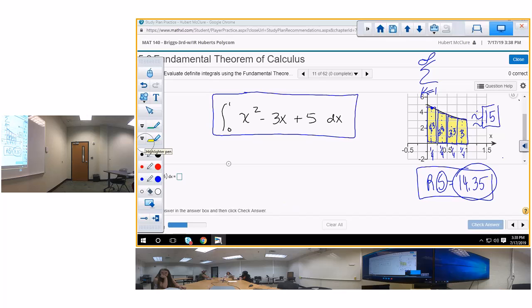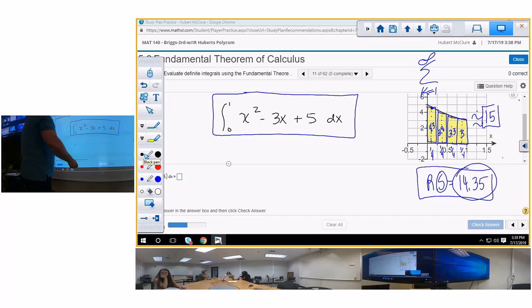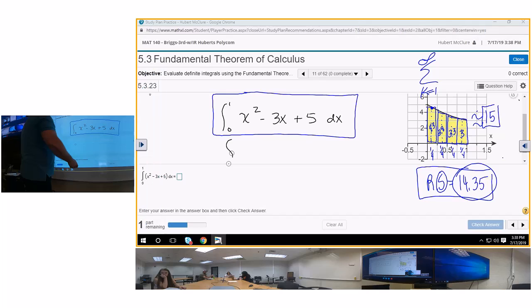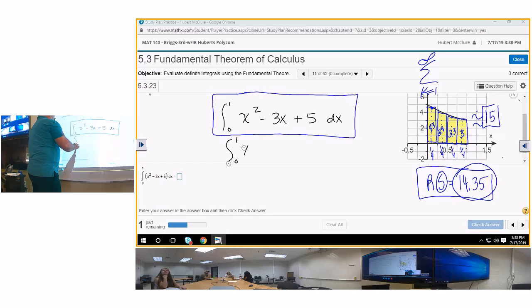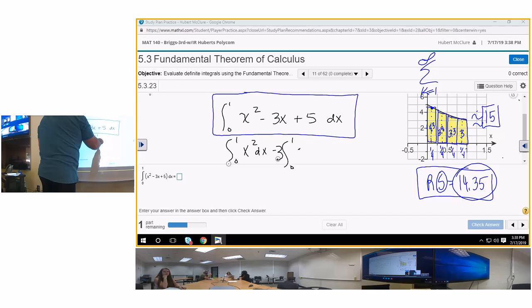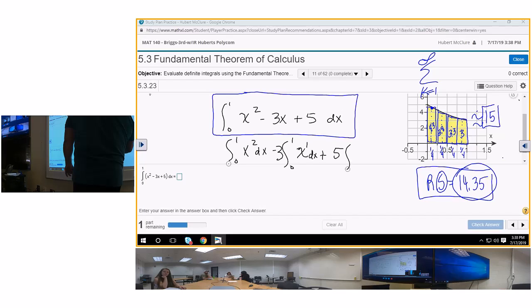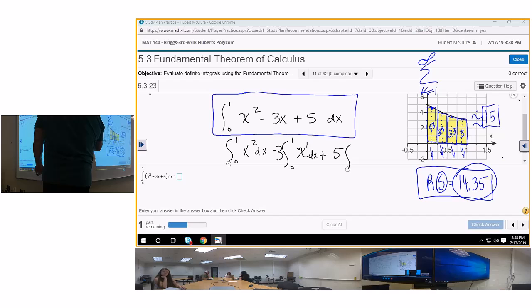Well, we already did a couple. You could actually break this up into the antiderivative from 0 to 1 of x squared dx minus the antiderivative from 0 to 1, put the 3 out front, of x to the first power dx, plus 5 times the antiderivative of dx, and dx has a 1 in front of it, from 0 to 1.